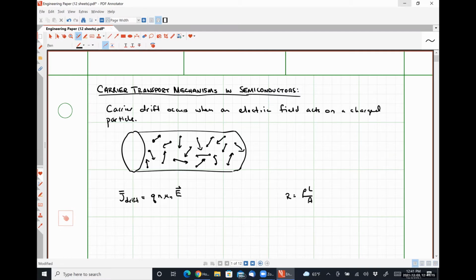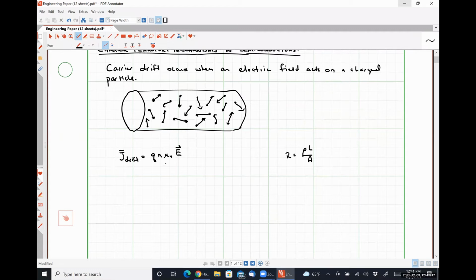The last two variables of our equation represent the drift velocity for our charge carriers.